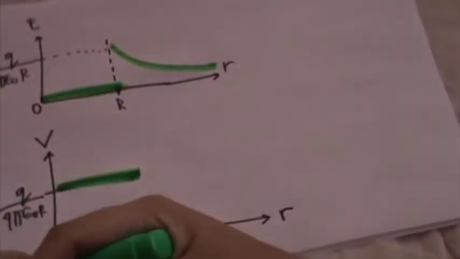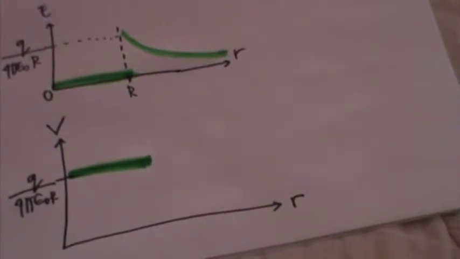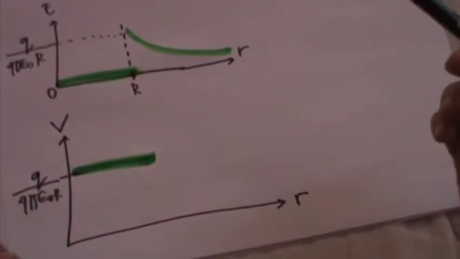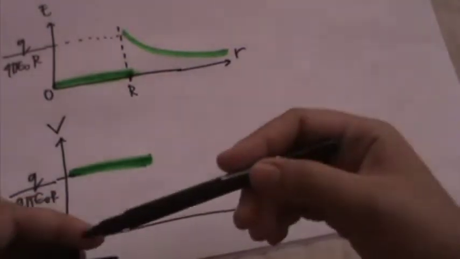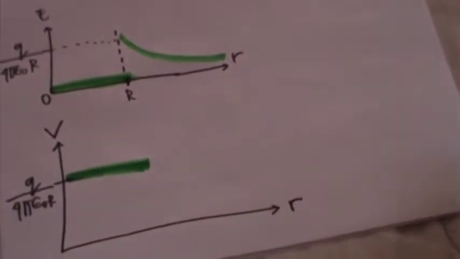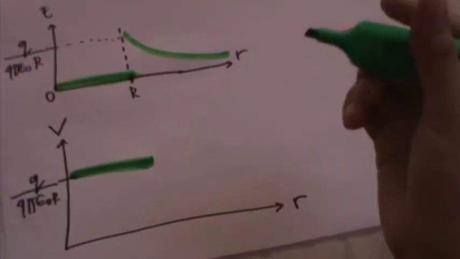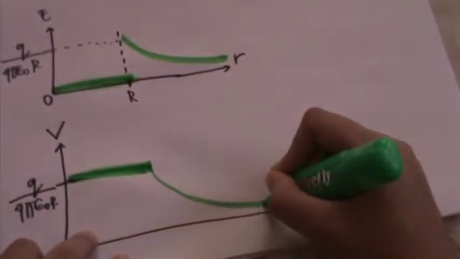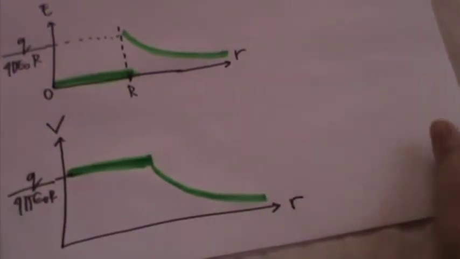On the outside of the shell, it will become just like the electric field, since the value for the electric field and the potential looks very much the same, so it will go downward. So we'll have to put it downward.